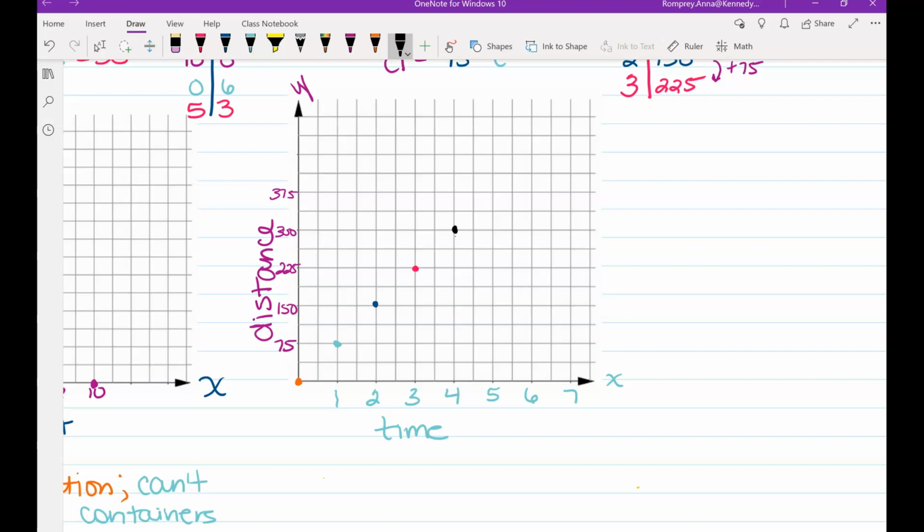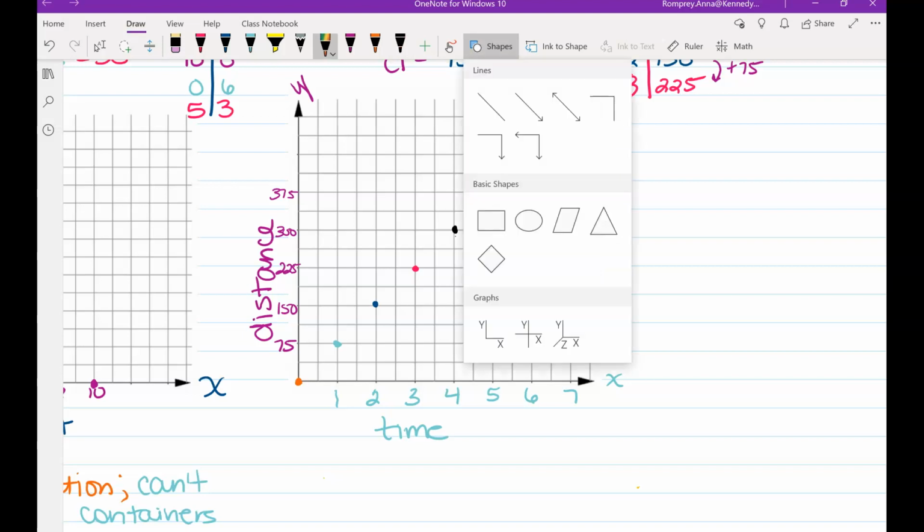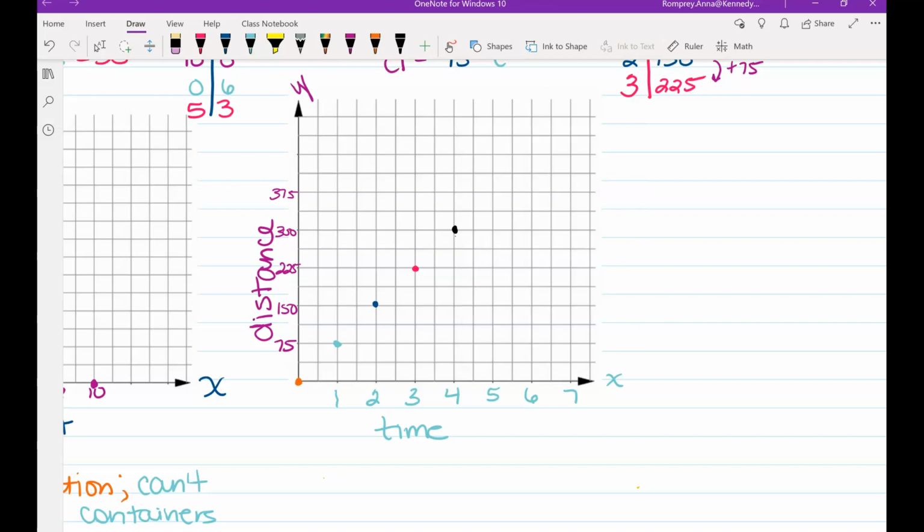Sure. I could even figure out how far I've traveled in 1 hour, 12 minutes, and 37 seconds. It'd be a little obnoxious, but I could. So since we can find all those itty bitty intervals, this is continuous. And since it is continuous, we can connect our points.